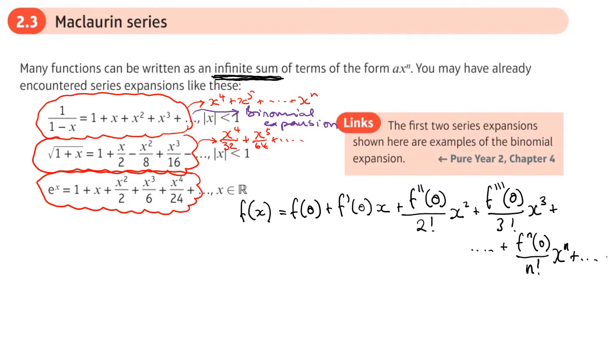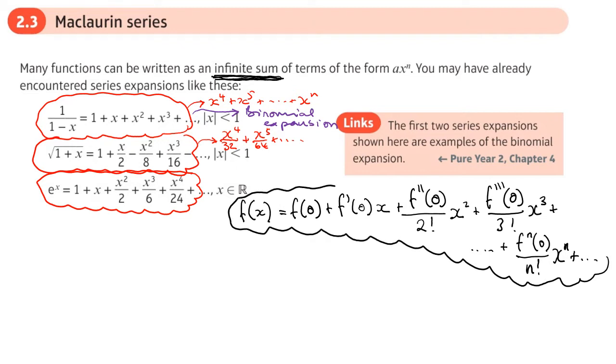This is the Maclaurin series. It does mean we're going to be doing a lot of differentiation, a lot of evaluating at 0, but that does come with some limits, some rules which we must adhere to, to enable us to write a function using this Maclaurin series. The first thing is that you need to be able to differentiate a function an infinite number of times.